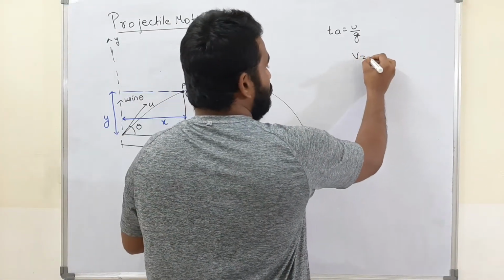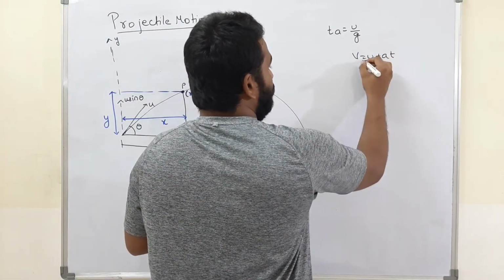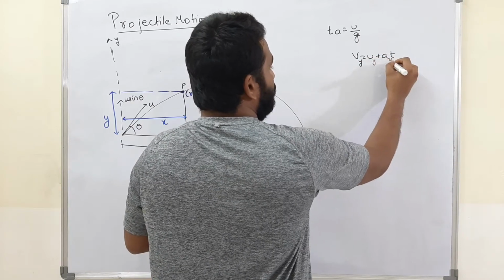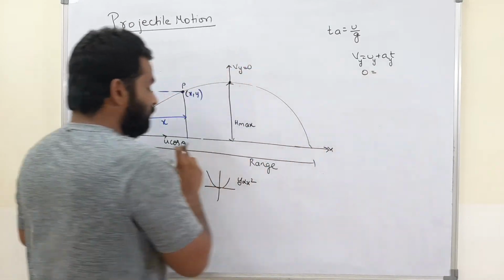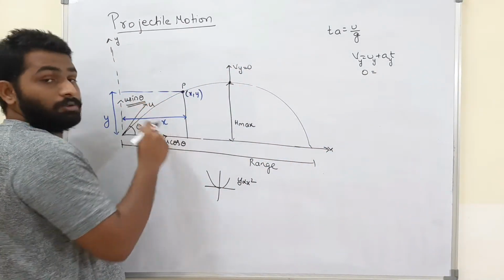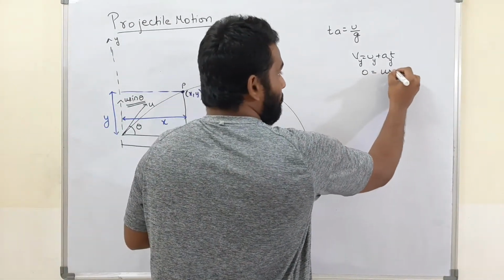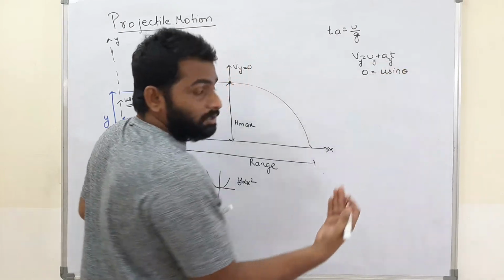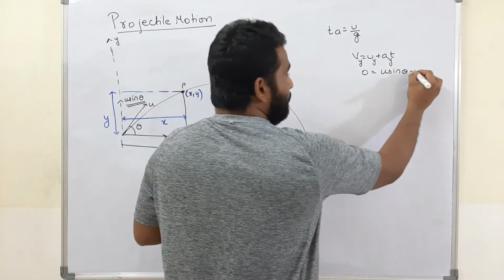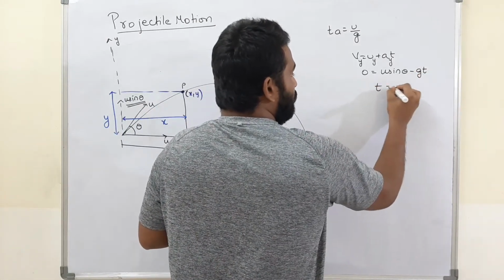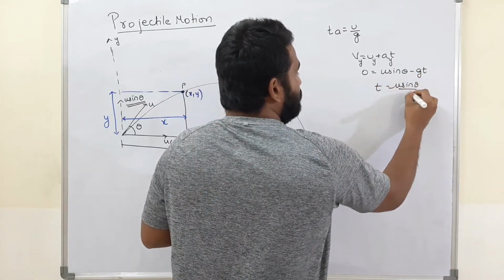Therefore, v is equal to u plus at in the y direction. What is the final velocity in the y direction? 0. Initially, what is the vertical velocity? U sin theta. What is the acceleration in the y direction? It is not upwards, it is downwards. Therefore, minus g into t. What is the time? U sin theta by g.